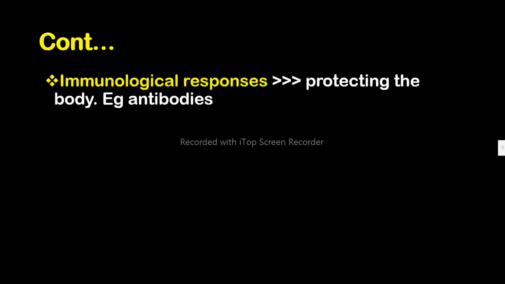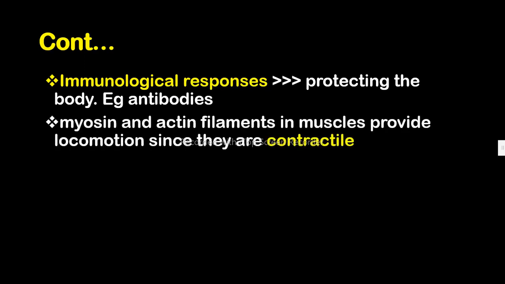Then we have immunoglobulins. These bring about the immunological responses to be able to respond to a given pathogen. Then we have the myosin and actin filaments, which are responsible for muscular movements, muscular contraction and relaxation to bring about movement.